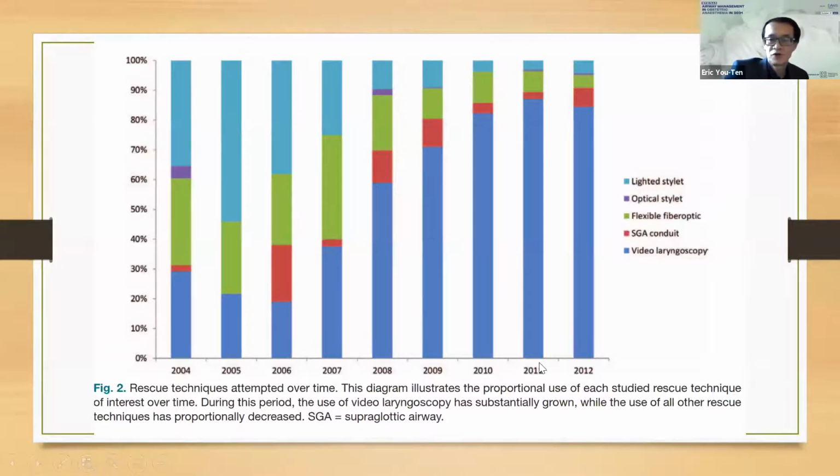From 2004 to 2012, you can see that the first rescue device, the video laryngoscopy, has gone from about 30% use to almost 85% use. The role of fiber optic has decreased from about 30% to less than 10% use. That does not imply that fiber optic intubation should not be part of your skill, because as Mary alluded, there are specific cases where the fiber optic is still very valuable.